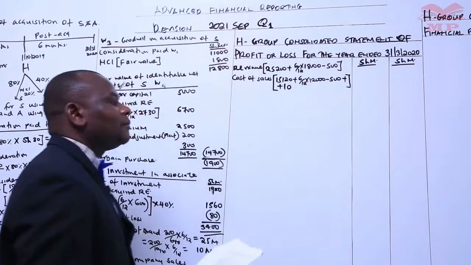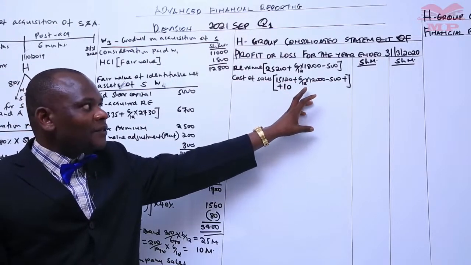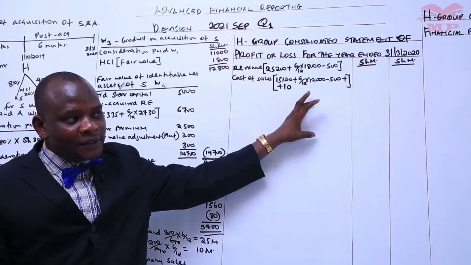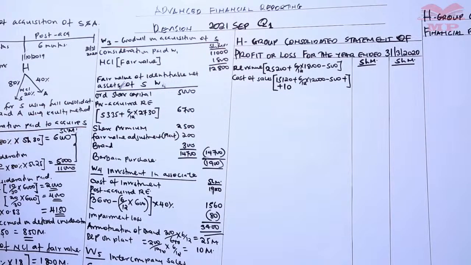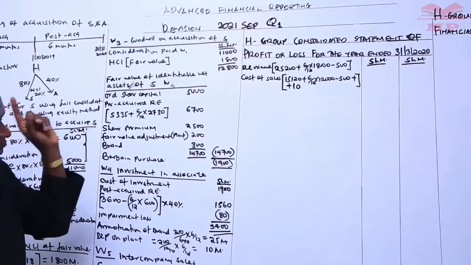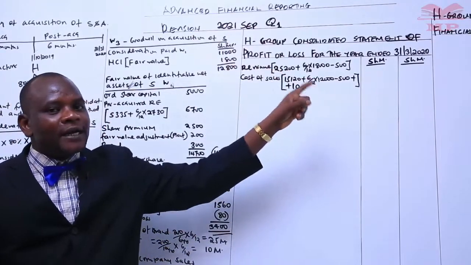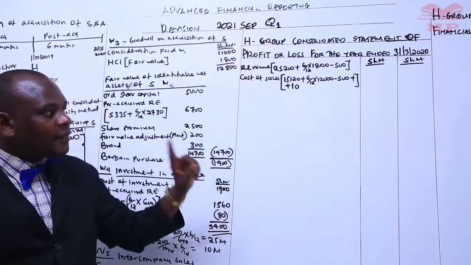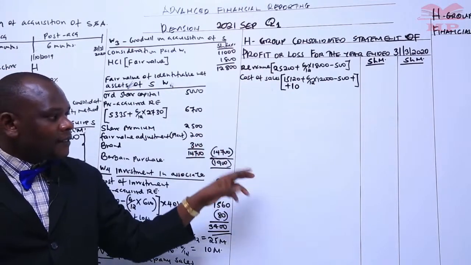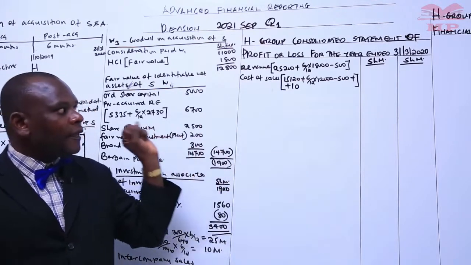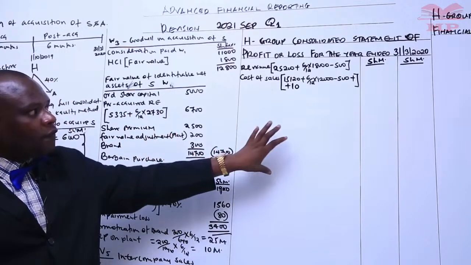Just to remind you, you can see that I'm not adding the incomes and expenses of the associate. Why? Because the associate is accounted for using the equity method, which means you just disclose the investment in associate in the statement of financial position as a non-current asset and the share of profit of associate in the income statement. Full stop. The incomes and expenses of the associate shall not form part of the group.